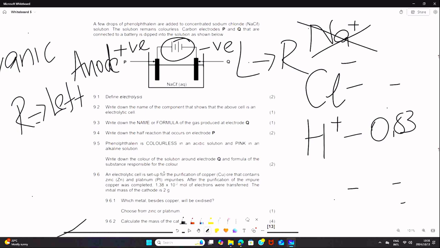This is where reduction is taking place. Reduction is taking place at the cathode, which is the negative terminal of the cell. Therefore, how do you know which gas it is going to be? Because we have got two gases here. You go back to the table.